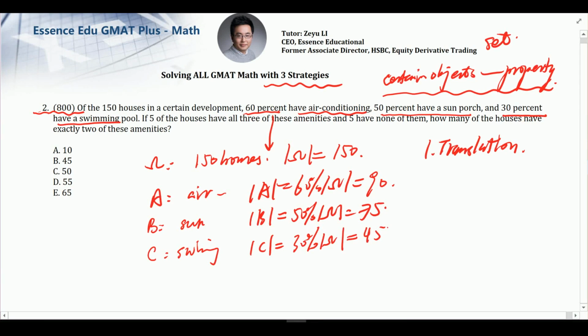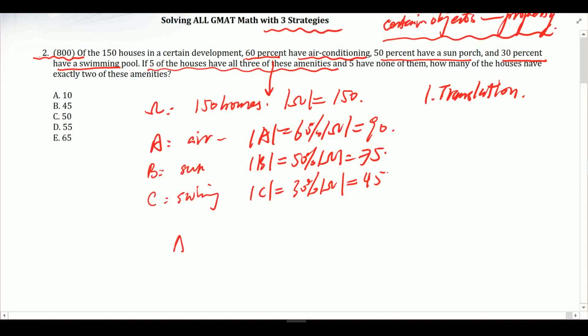If 5 of the houses have all 3 of these amenities, how do you translate this sentence? You have all of them. That is how you need a very solid basis in mathematics, in understanding this notation, the intersection between A and B. The official name is intersection, but I would like you to memorize it directly using the logical term "and": A and B. So you have air conditioning and you have a sun porch.